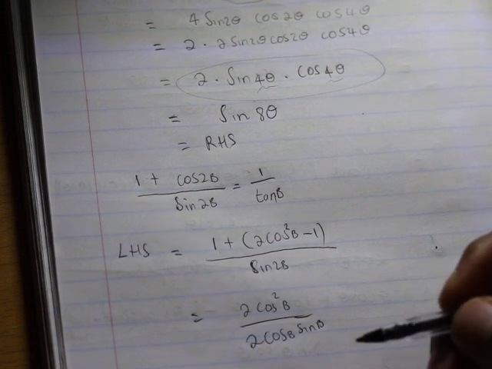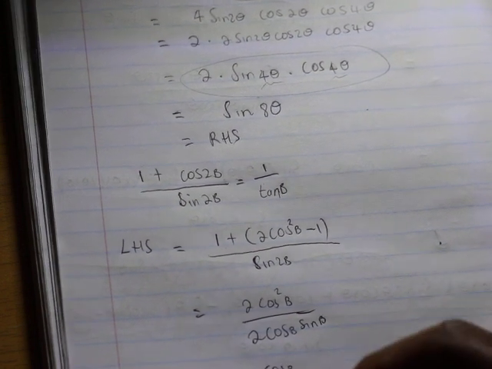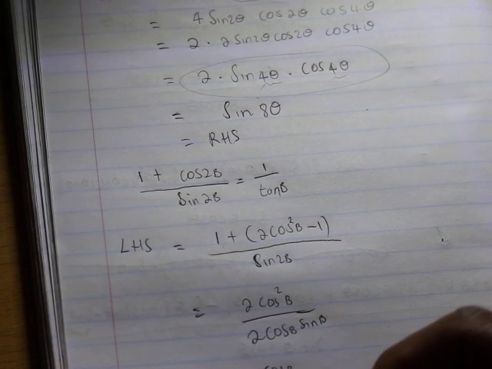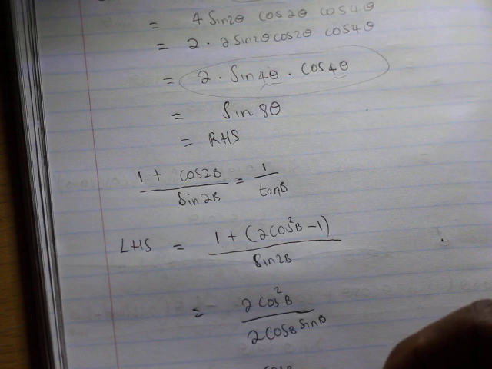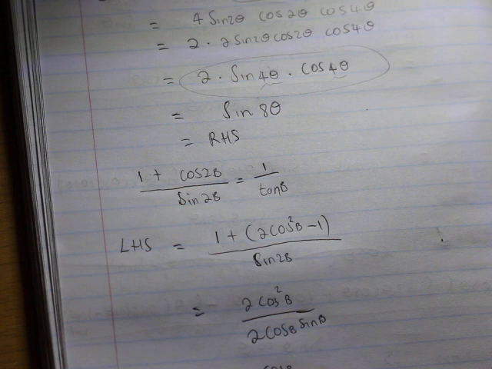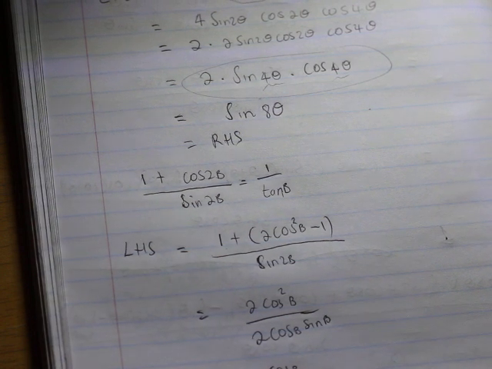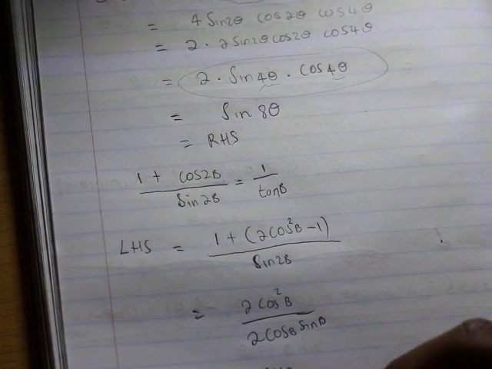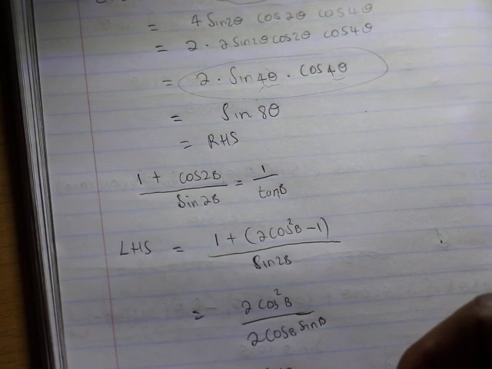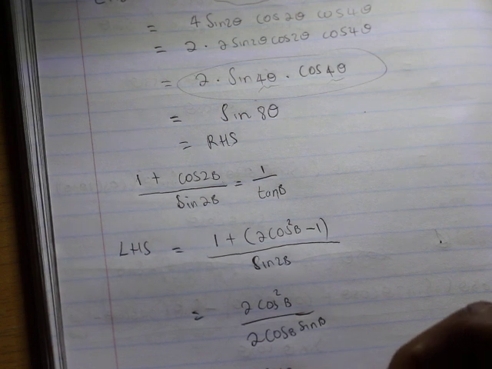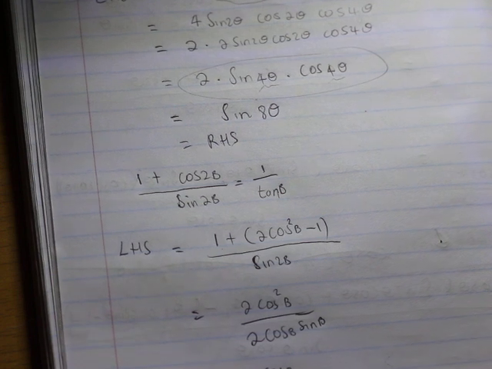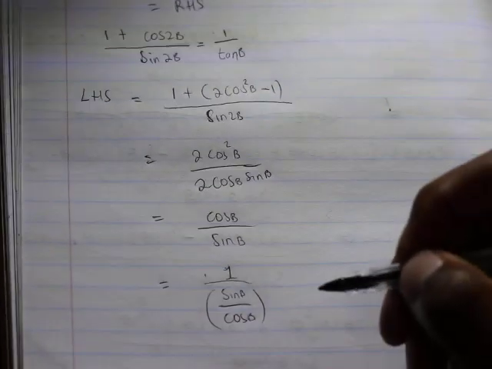Okay, so what is this? Remember, this is the same as 1 over the sine of b over the cosine of b. I want to show you guys something.